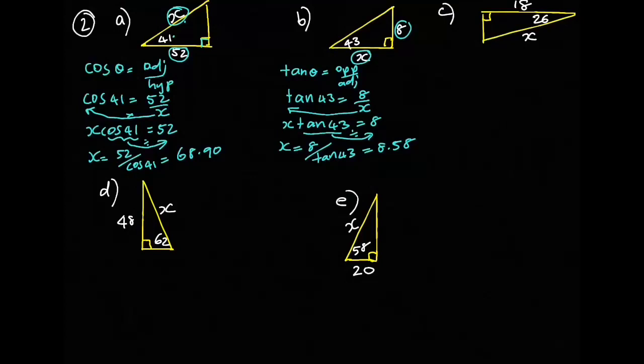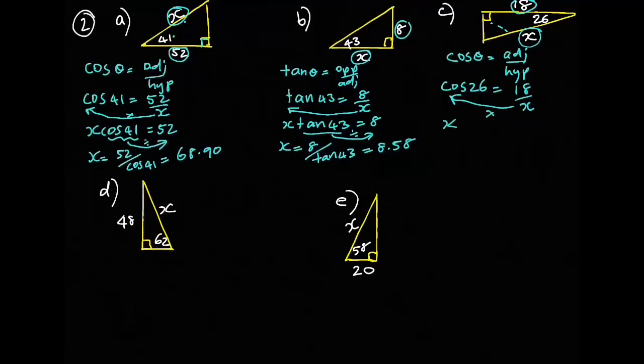Okay, part C, we have the hypotenuse x opposite to the right angle, and we have the adjacent value. So that's a cos problem. So cos theta is equal to adjacent on hypotenuse. So cos 26 equals 18 on x. Bring the x over to multiply.